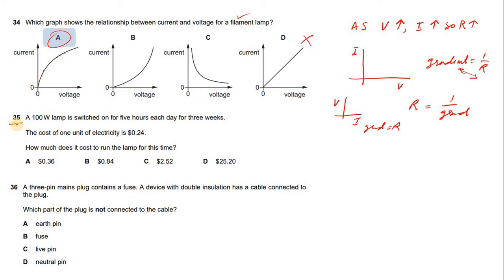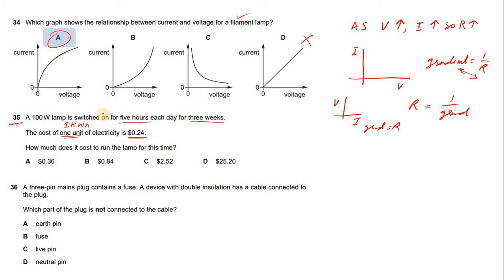Question number 35. A 100-watt lamp is switched on for 5 hours each day for 3 weeks. The cost of 1 unit, 1 kilowatt hour, is 0.24. How much does it cost to run the lamp for this time?